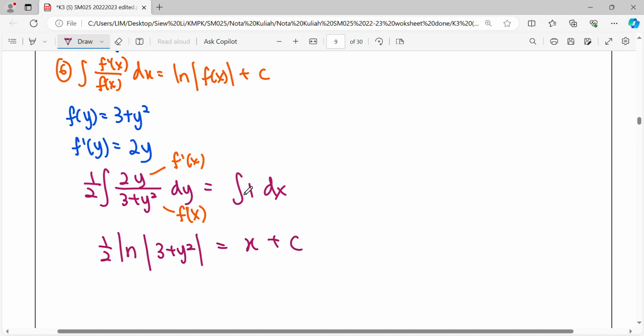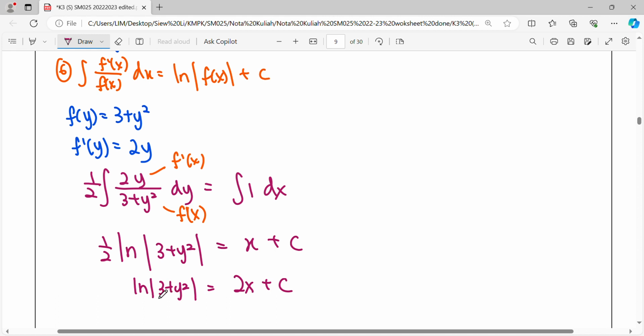Then we have to simplify our solution into general form where y is the subject. So we move the 2 to the right hand side, it becomes 2x plus 2c, and we keep the same constant c.